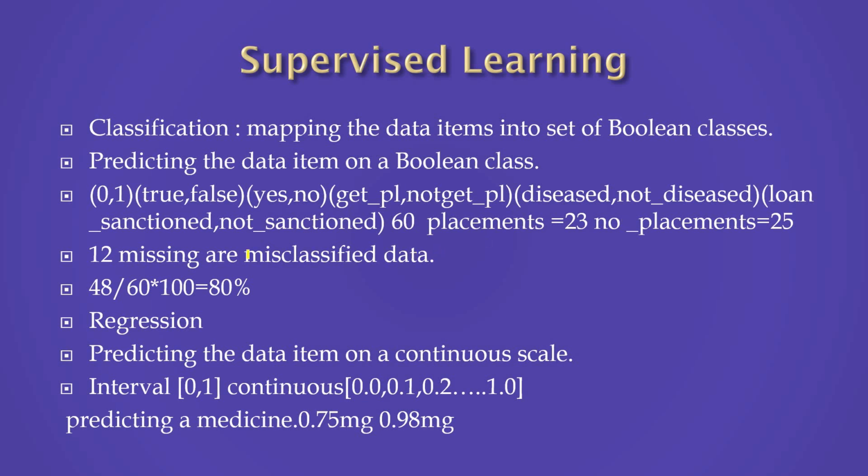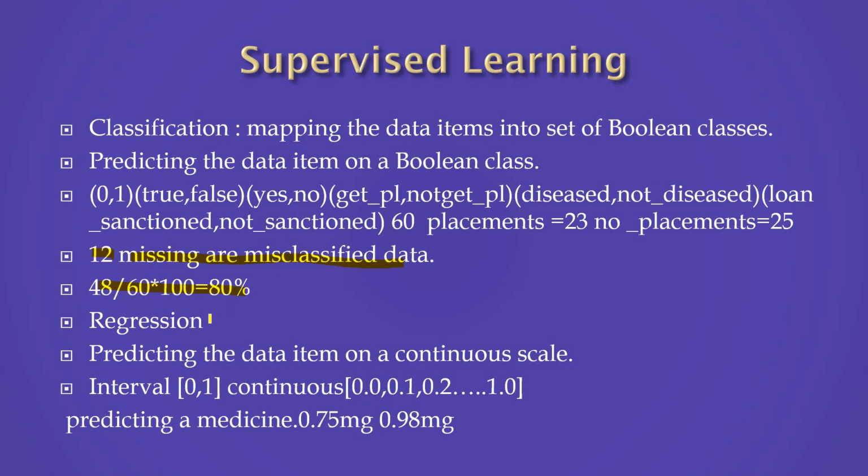So such kind of data is called misclassified data. So how much data is perfectly classified here? 80% of the data is classified, but the remaining 20% is not classified. So you can calculate the percentage of classification like this. If you subtract the misclassified data from the classified data, you will get the percentage of classification.